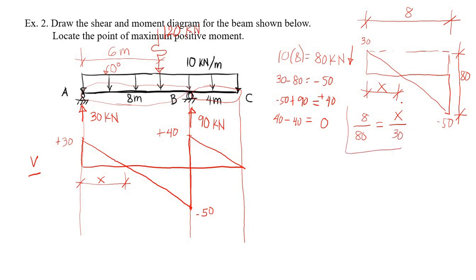Based on this, we have x equal to 3 meters. If this is 3 meters, then this must be 8 minus 3 is 5 meters. And this is 4 meters. With these dimensions known, we can now easily solve for the areas of our figures, which is our key in determining our moment diagram.